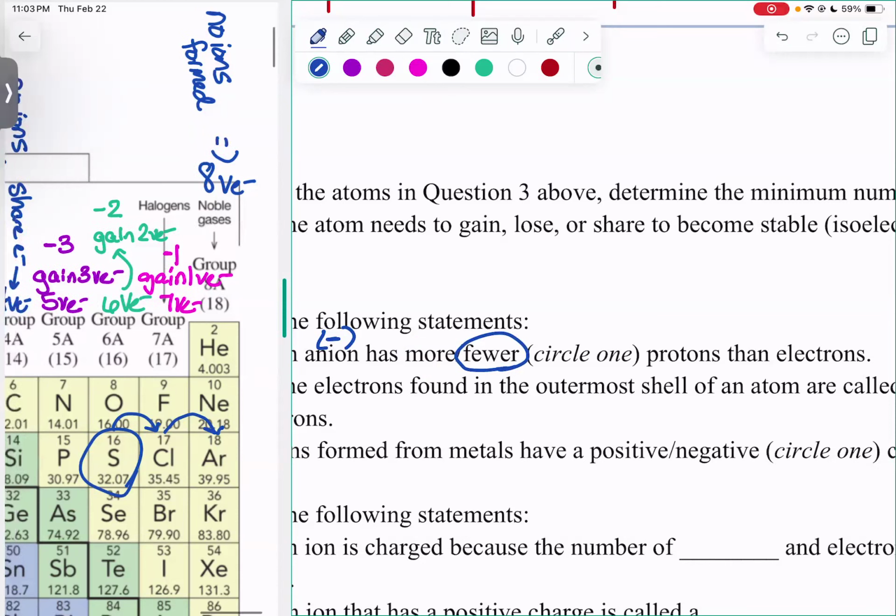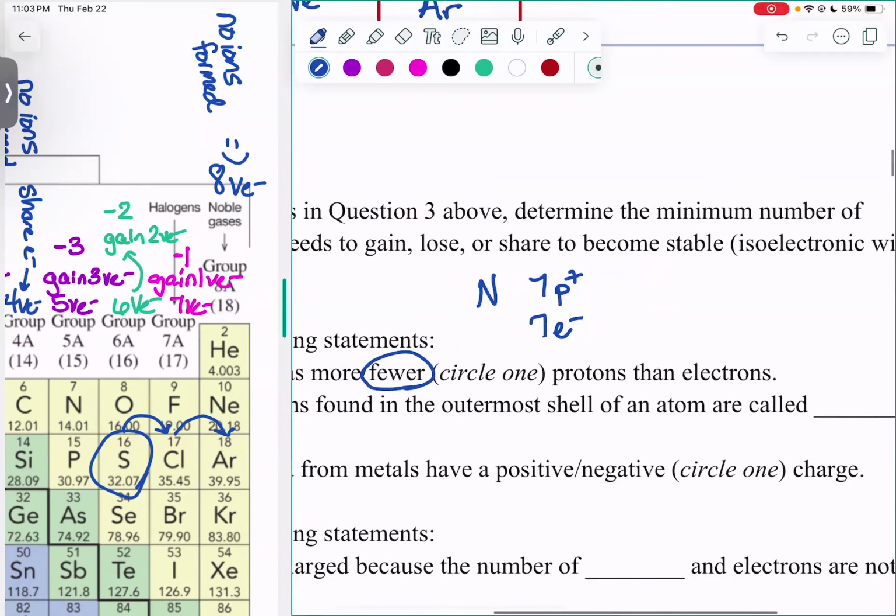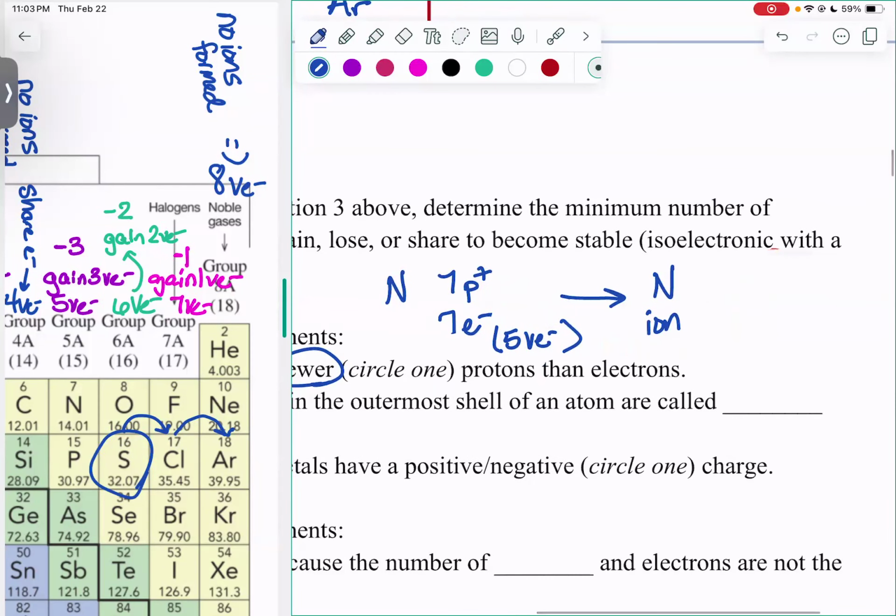So if you have something, for example, like nitrogen, nitrogen has 7 protons and it has 7 electrons. But we know a nitrogen atom is not stable. It's not happy, because it's in group 5A, so it has 5 valence electrons. So what's it going to do? We're going to turn into the nitrogen ion, and we want 8 valence electrons.